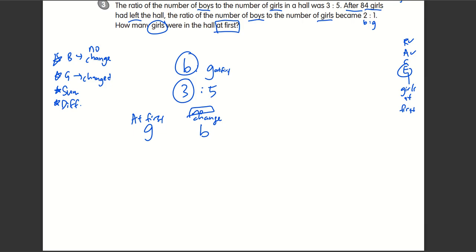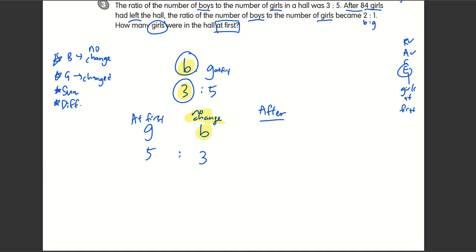Okay, that is the clue to the question. No change, boys, no change. So at first girls is 5 units, the boys is 3 units. Then you have girls after.